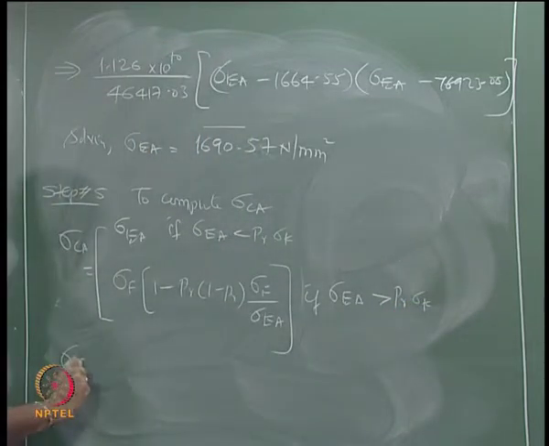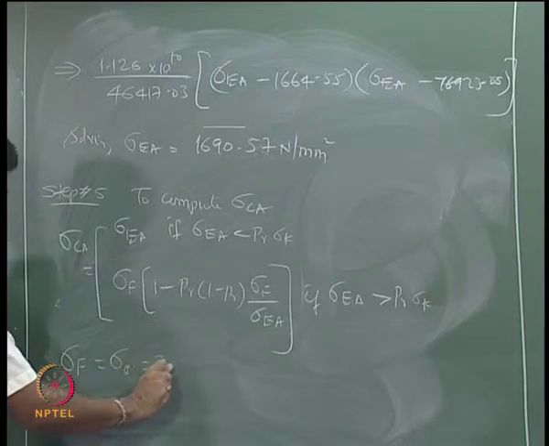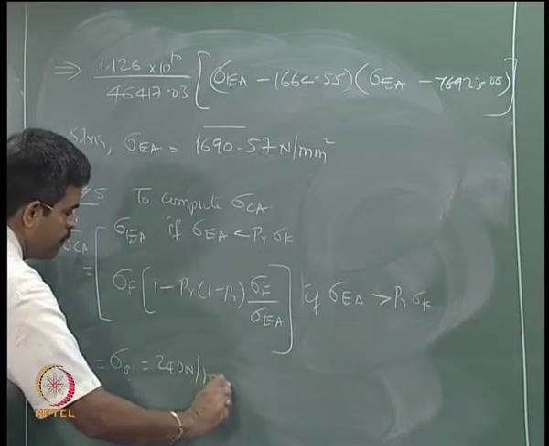Now sigma F can be the same as sigma naught, which is 240 in my problem.